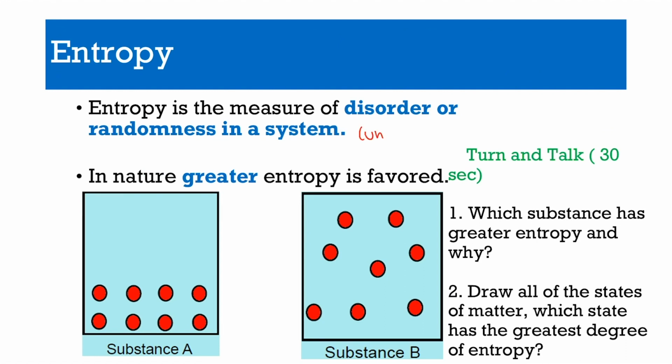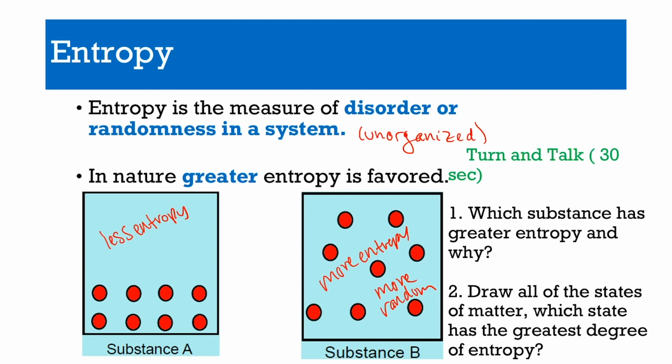If you look at the diagram, substance A compared to substance B, which one of these two has greater entropy? That would be substance B. It's highly random and very disordered, as opposed to substance A, where everything is aligned, situated, and in place.